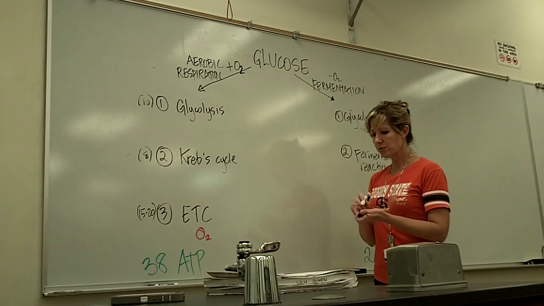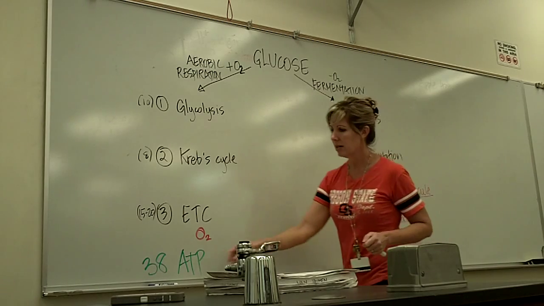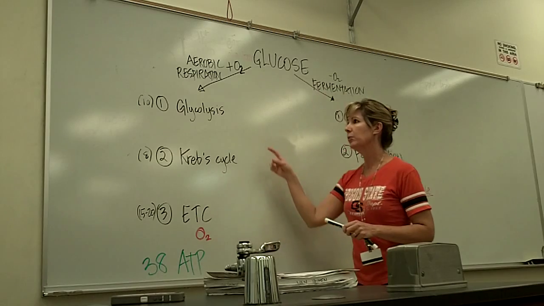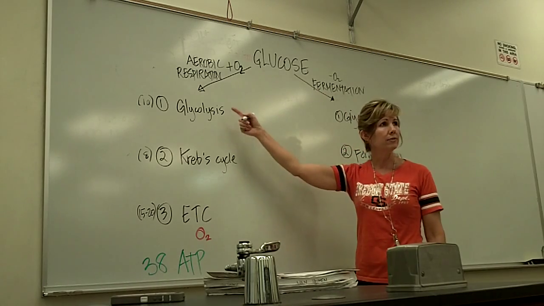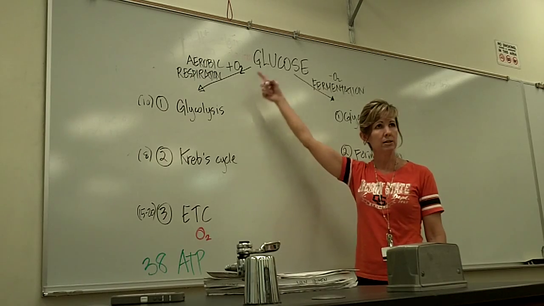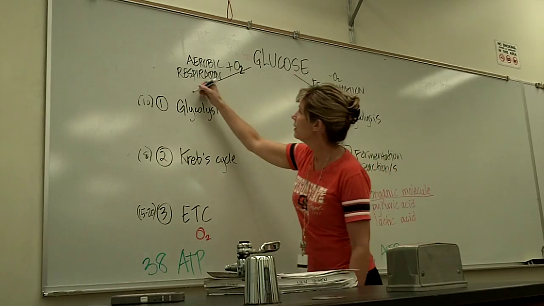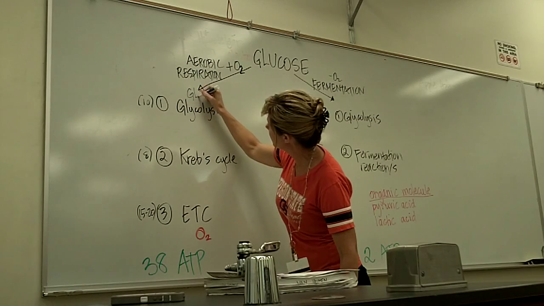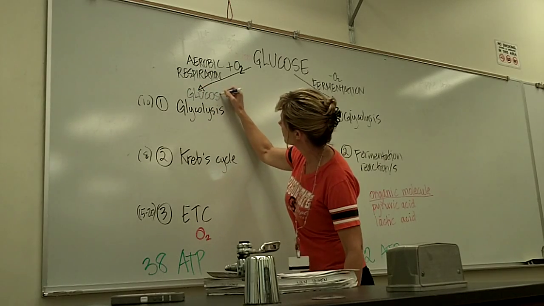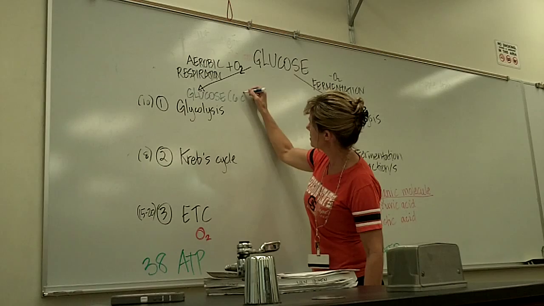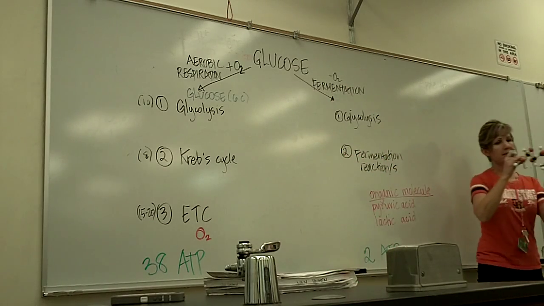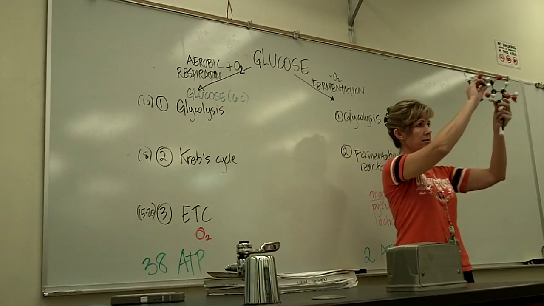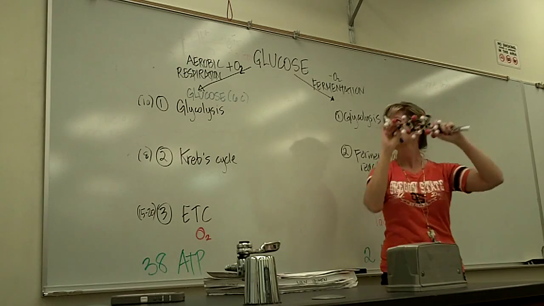All right, now we're just going to focus on the starting reactant and what we're going to put into glycolysis. So the starting reactant for glycolysis would be glucose. So you'll put in glucose. Glucose is a 6-carbon sugar, meaning it has these 6 black spheres, 6 carbons.